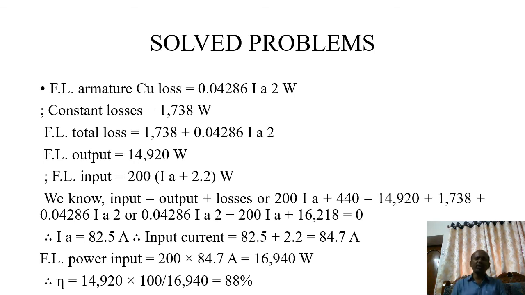Therefore, the motor efficiency when we are conducting the Swinburne test is output by input into 100, which is 14,920 by 16,940 into 100, equal to 88%. So what is the efficiency? 88%.